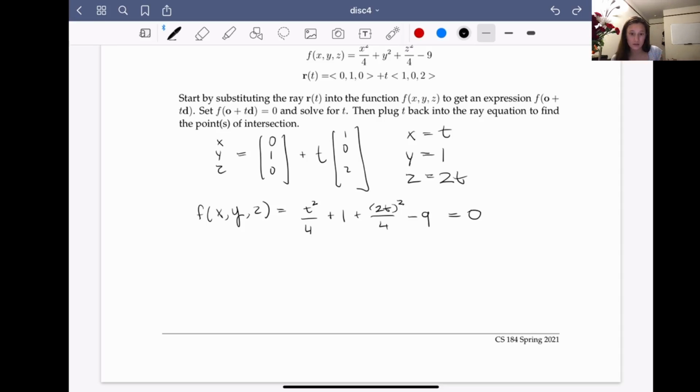Okay, so let's solve for t. We have t squared over 4 plus t squared minus 8 equals 0. Okay.